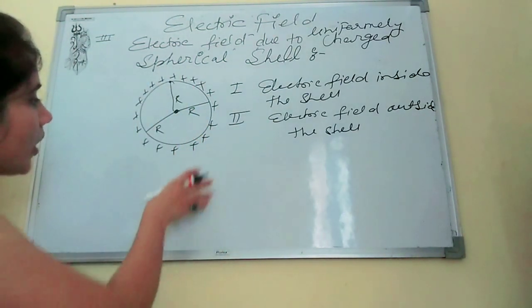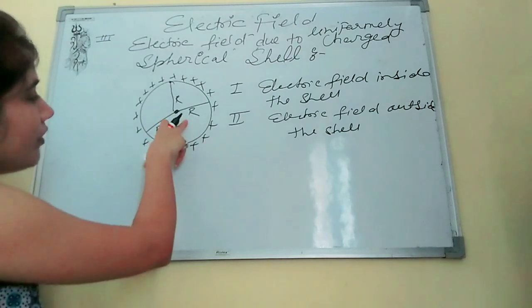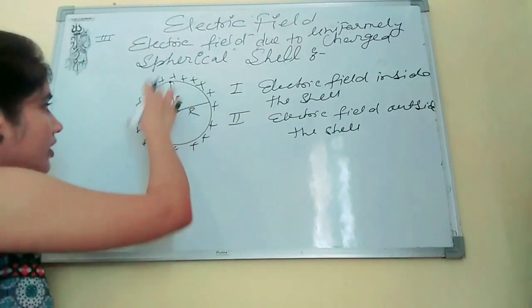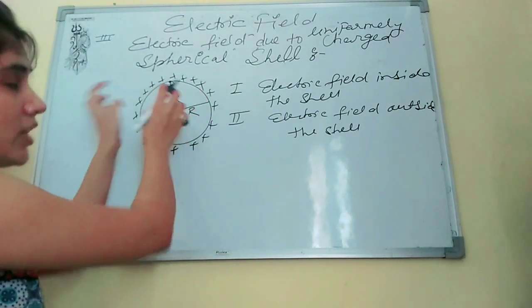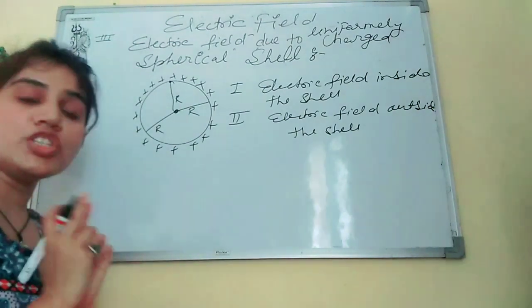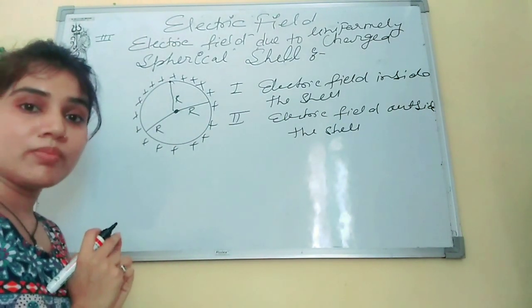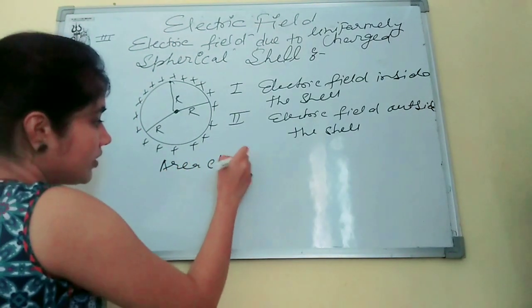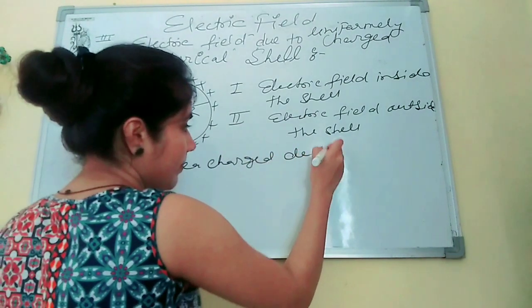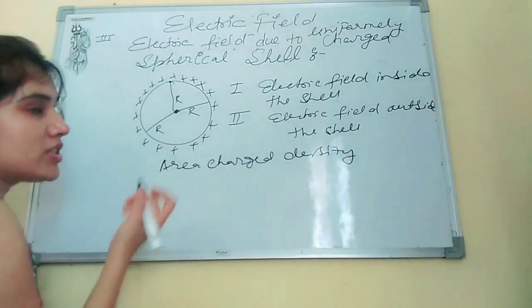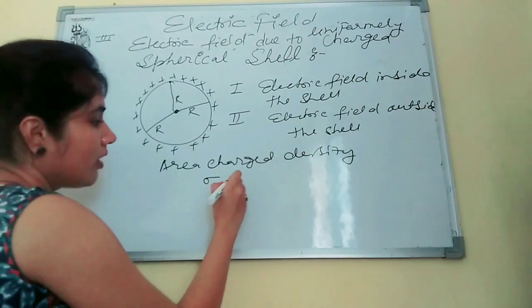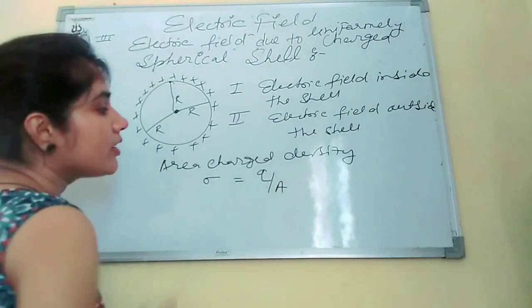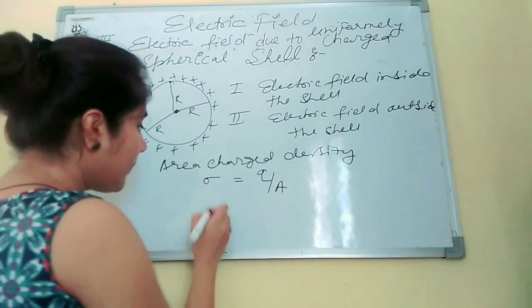Now we will find the Q in terms of density. If it is a spherical shell, which type of density will we use here? It's the area charge density. What is the area charge density? We denote it by sigma equal to Q by A, charge upon area.